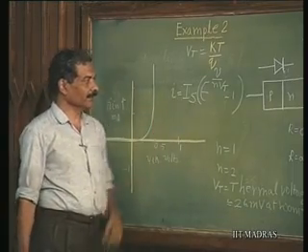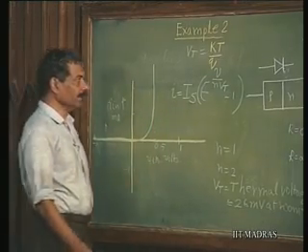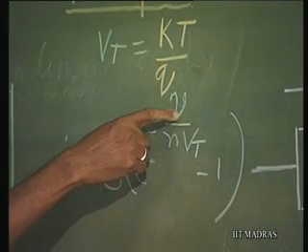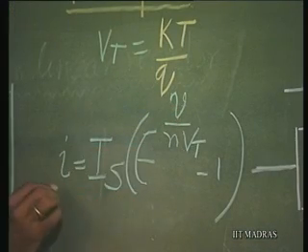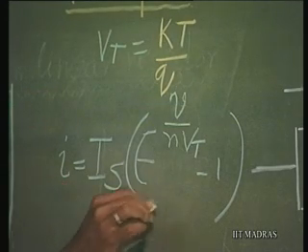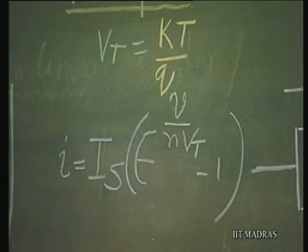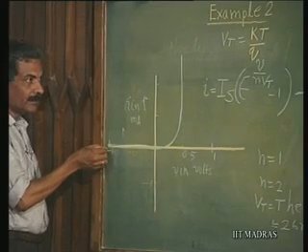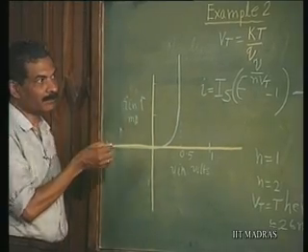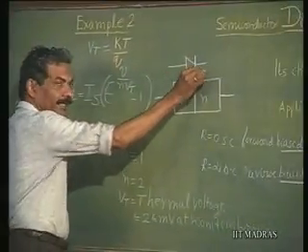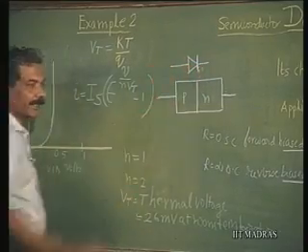What is Is? You can see that when V is a large negative value, this quantity goes towards 0 and the current I becomes minus Is, which means if I apply a large reverse bias voltage to the diode, what is reverse bias? The N side is made positive and the P side is made negative.